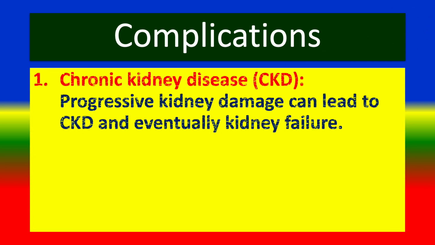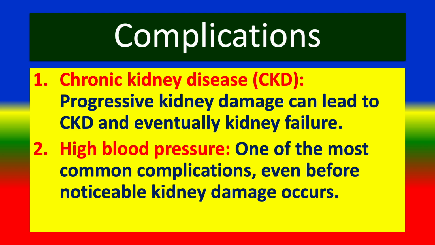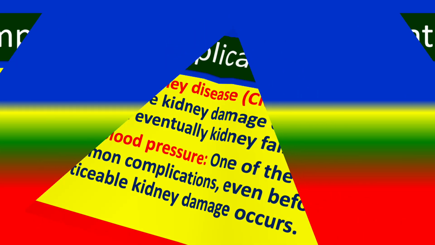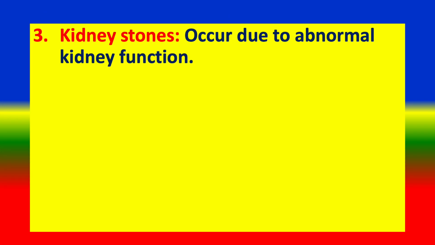Complications: 1. Chronic kidney disease. Progressive kidney damage can lead to CKD and eventually kidney failure. 2. High blood pressure, one of the most common complications even before noticeable kidney damage occurs. 3.